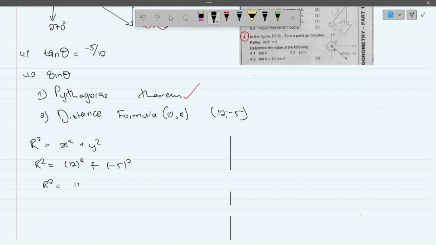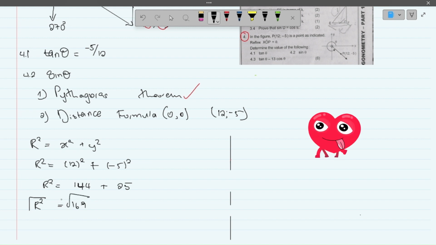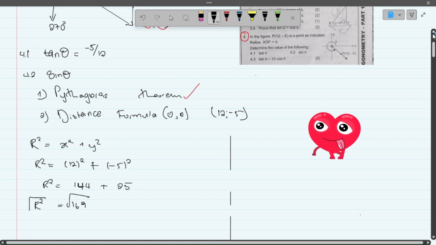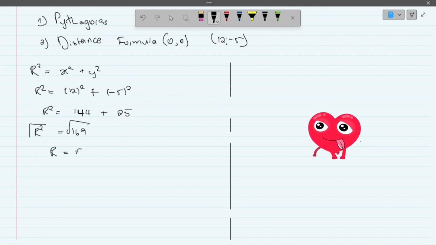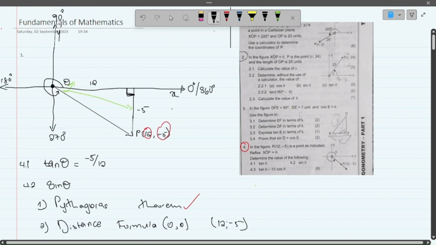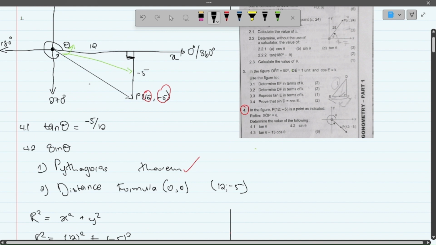So we square root the left hand side and the right hand side. So the value of r is 13 units.